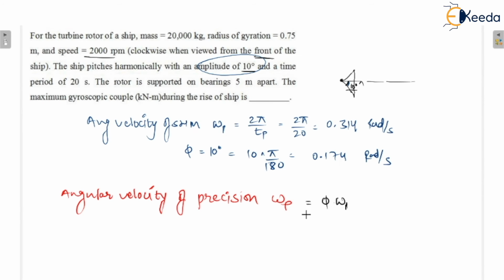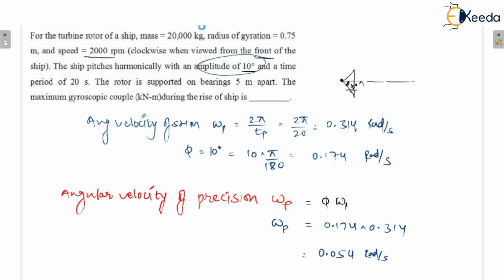But here omega 1 represents angular velocity of simple harmonic motion. So you just have to put the values and omega p would be equal to phi 0.174 multiplied by omega 1, 0.314. When you solve this, you will get omega p as 0.054 radian per second. This is the angular velocity of precession.